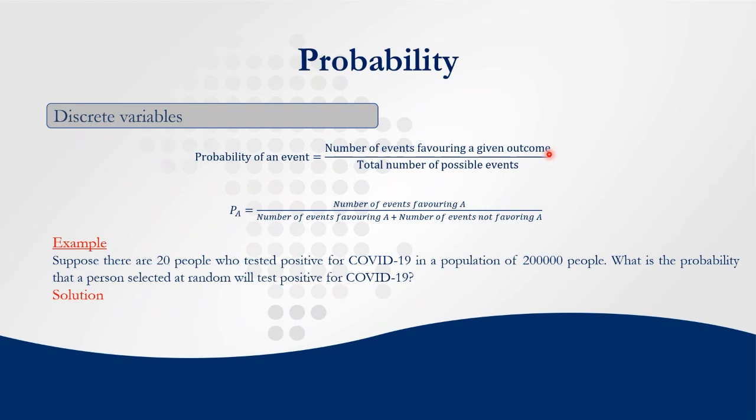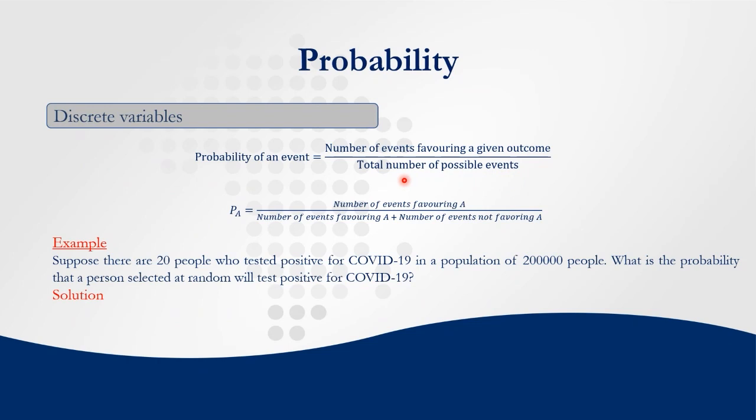So if we go back to the first example, if we roll one die, then the probability of getting a 1 is going to be 1 as the numerator, which is the number of events favoring A, in this case landing on 1, over the total number of possible events.